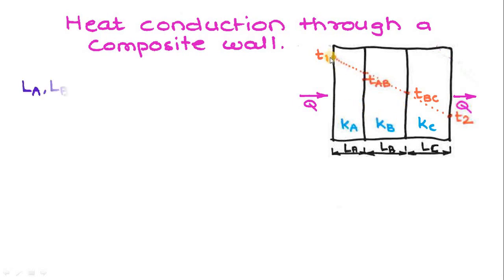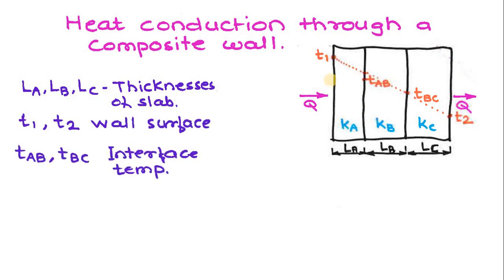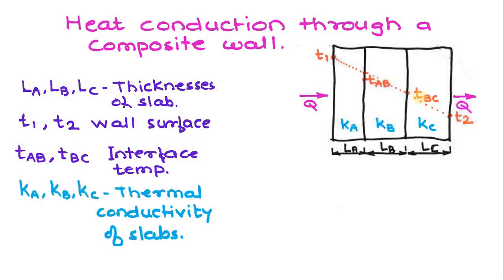T1 is the temperature of the wall surface and T2 is the temperature of the wall surface at the other side, and Tab, Tbc are the temperatures at the surfaces in between slab A and B. If I say this is slab A and this is slab B, then this temperature is called an interface temperature. Similarly, Tbc is the interface temperature, and Ka, Kb, Kc are the thermal conductivities. Remember here, Ka, Kb, Kc are three different thermal conductivities.